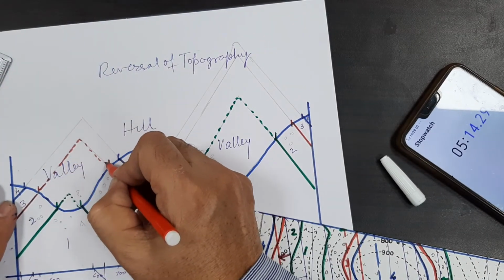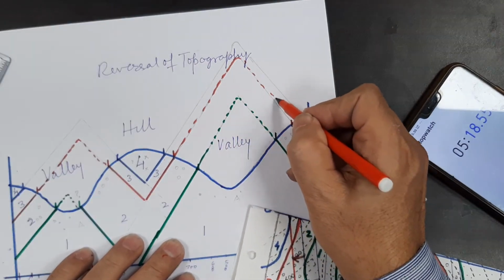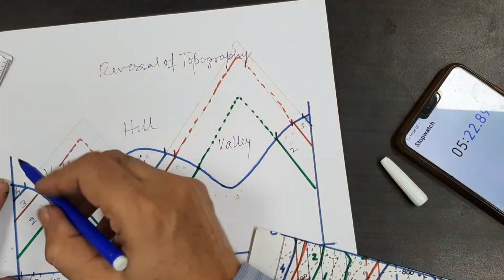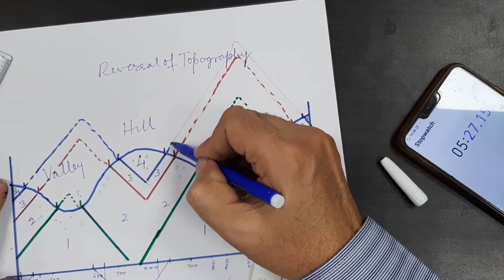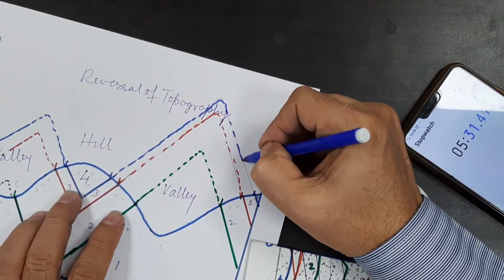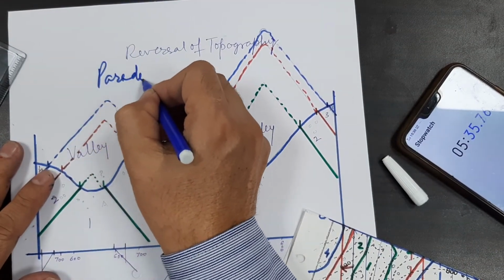See here, this must have been the topography some millions of years back, but today it has changed to just the reverse. I have explained this in the theory. This is called the paradox of folding.